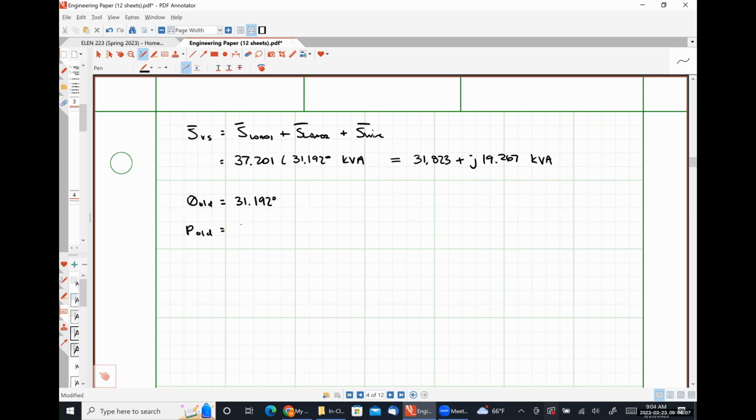And so from that, P old is 31.823 kilowatts. The real part of the complex power is simply the average power. So we have theta old and P old, so that's great. What we're missing now is theta new, the voltage drop across the capacitor, and our frequency. Which one of those three pieces of information do you want to tackle next?